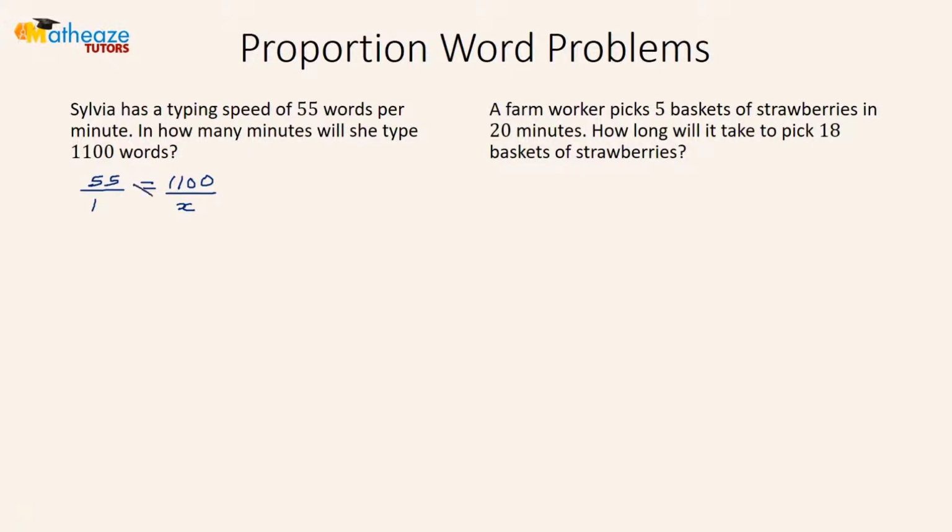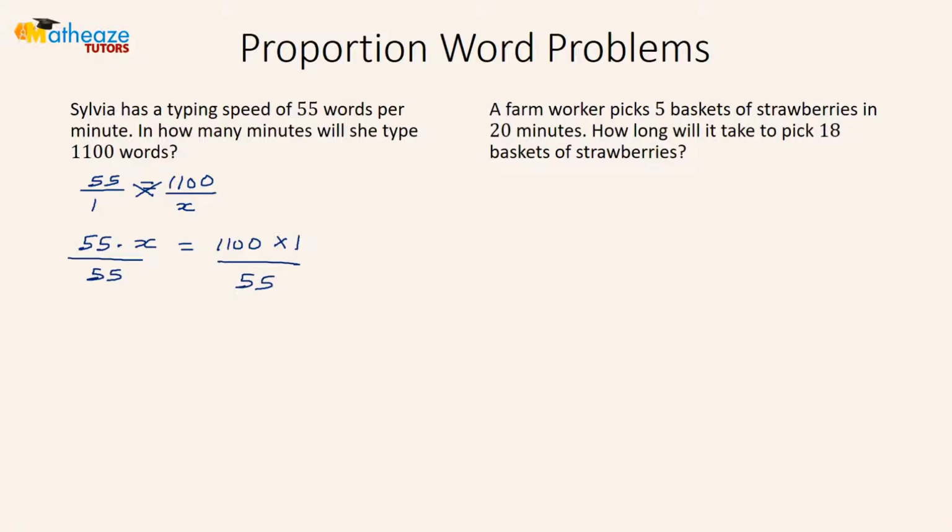So we're going to apply the cross product here, and we're going to have 55 times x equal to 1100 times 1. So we divide both sides by 55.